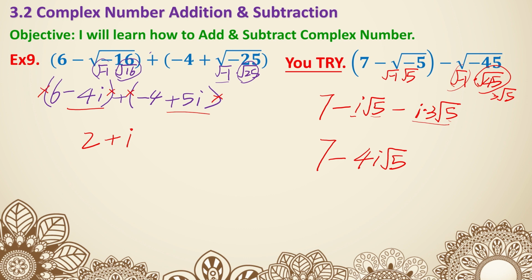And even though you're like, well, that does not look like a plus bi, we'll just try to not confuse ourselves, we keep it in front of the square root. But if it's very strict, you are supposed to write it as 7 minus 4 square root of 5 and then i, and make sure i is actually outside the root. That is example 10, and that is everything for the 3.2 lesson. Thank you.